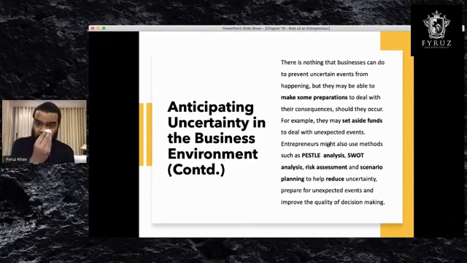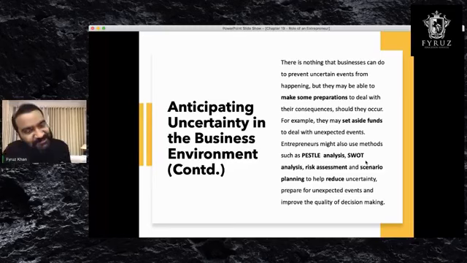But then of course you can prevent this by doing analysis, by doing SWOT analysis: strengths, weaknesses, opportunities, and threats of your organization. You can do a PESTLE analysis, right? For the external environment. You can predict, and in big companies, you have counselors and advisors who will constantly try to predict the future.